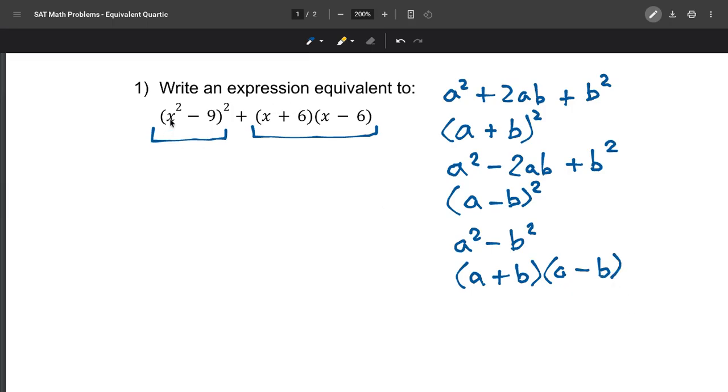All right, so a is like x squared. So a squared would be x to the fourth. So we have x to the fourth here.